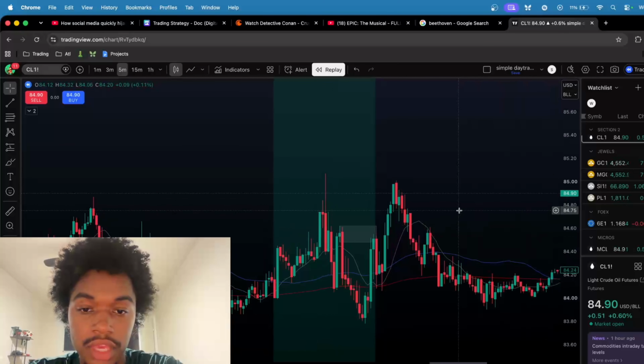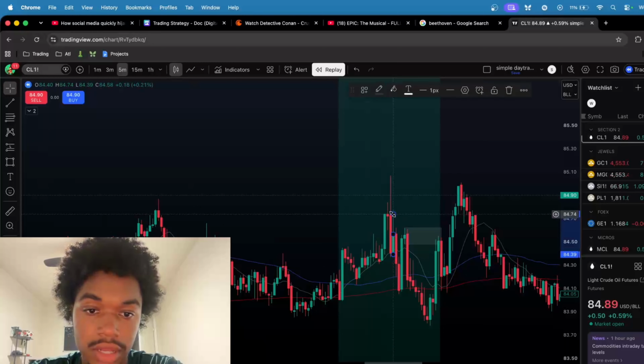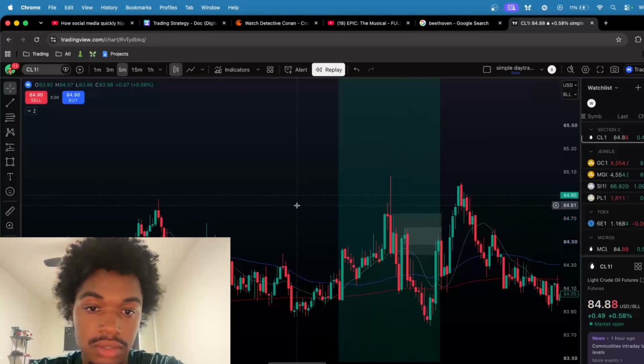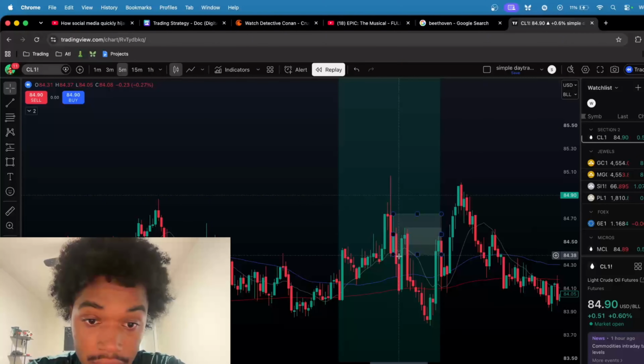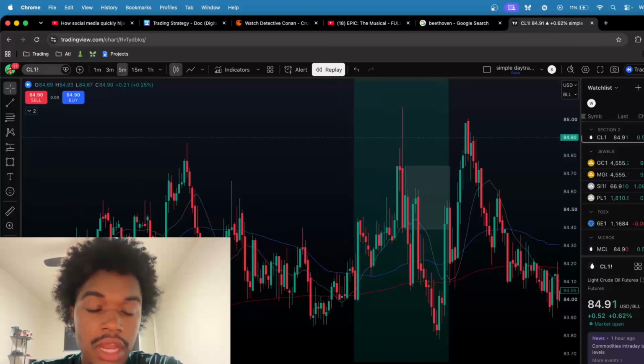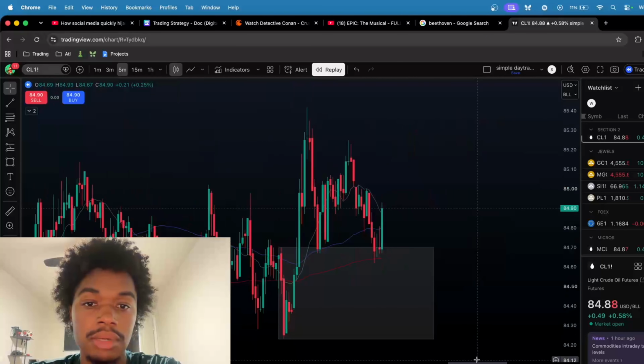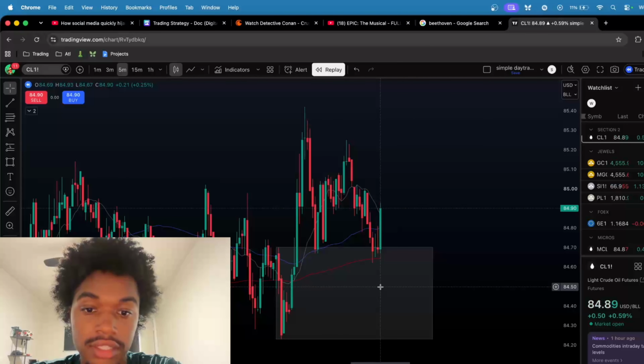So it was valid, but we literally had this zone right here, and our entry was going to be in this big candle. And literally, bro, I entered. I actually don't know why, but I wasn't tripping over it too much. I just moved on. But today, we actually had a valid one.